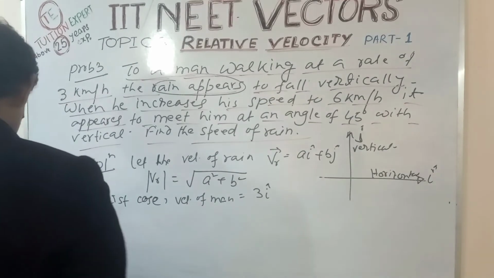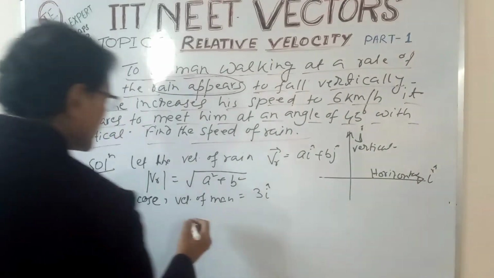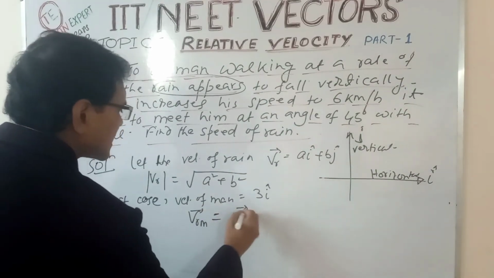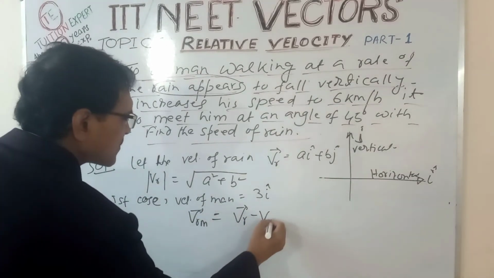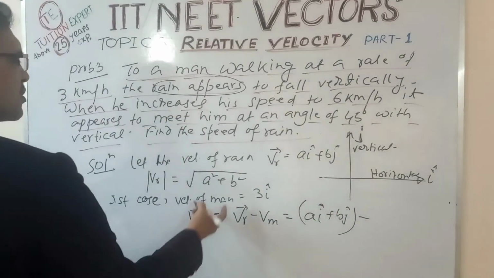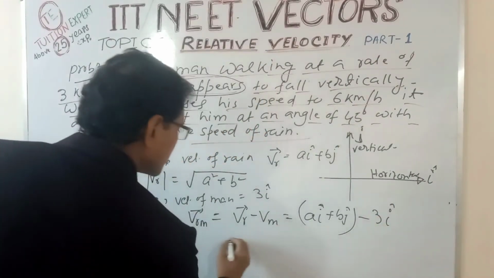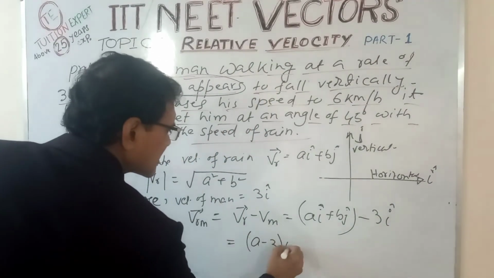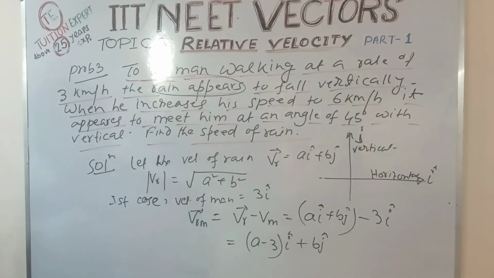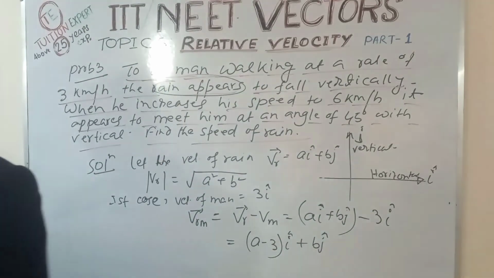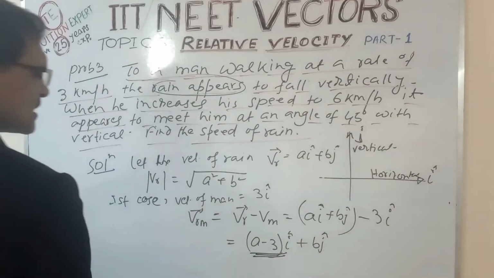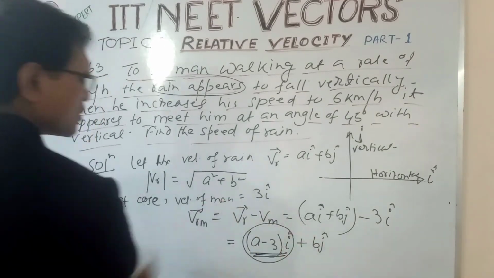Velocity of rain with respect to man, we know, V_RM equal to V_R minus V_M. So V_R minus V_M equal to (a minus 3)i plus b j. Now it seems to be in vertical direction, so if the direction of the velocity is vertical, then this component must be 0.